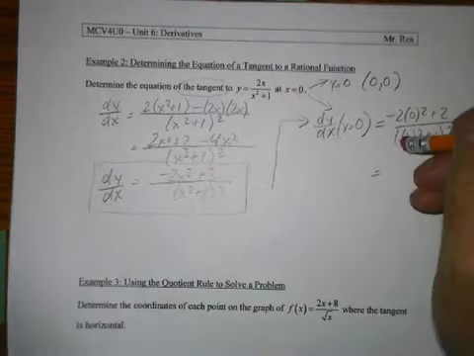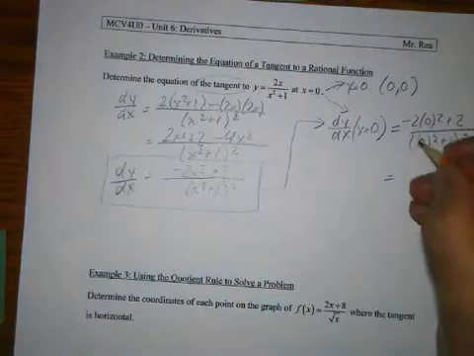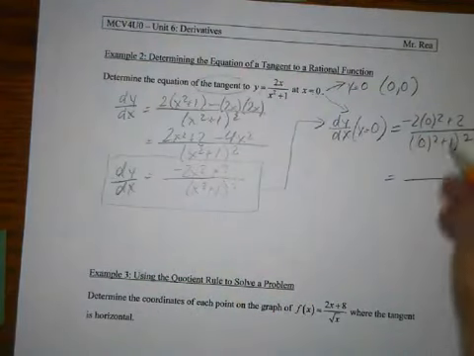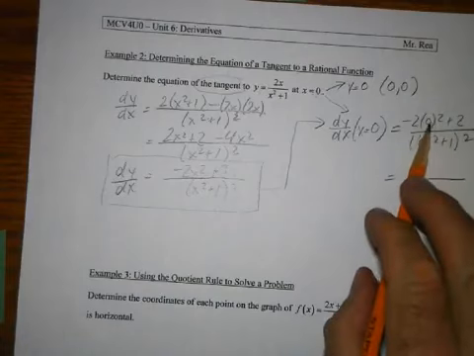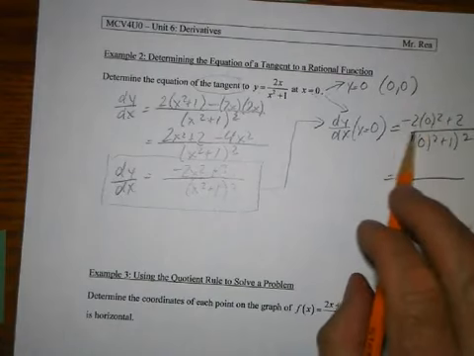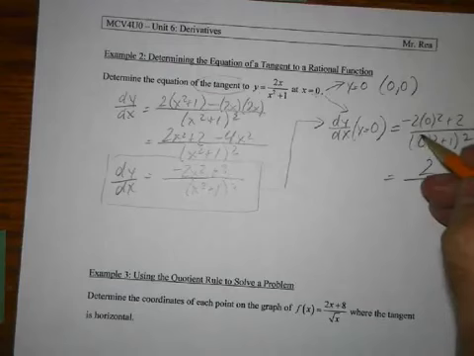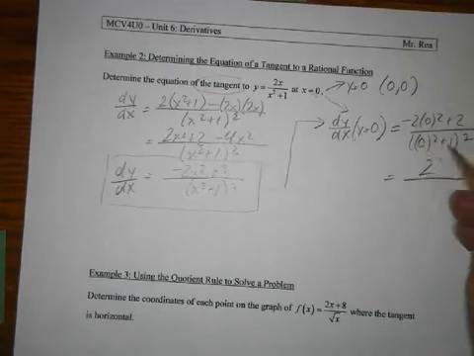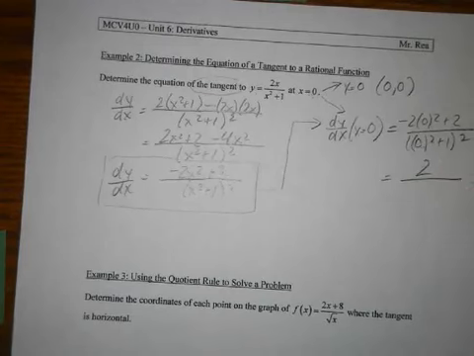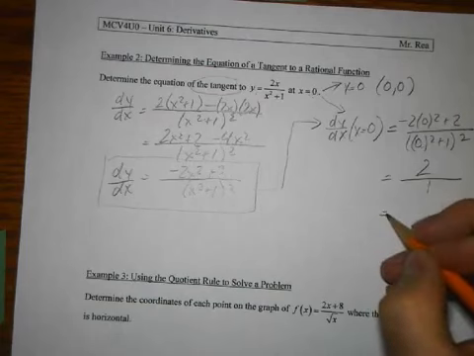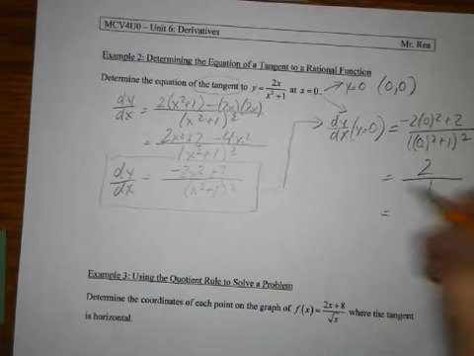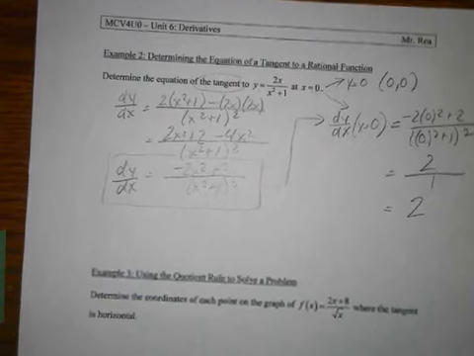Two there. That should be 0. Okay, so at the top, we get 0 times negative 2, that's still 0, plus 2. So we get a 2 on the top. Put a bracket there. 0 plus 1, 1 squared is 1. So that's going to be equal to 2.